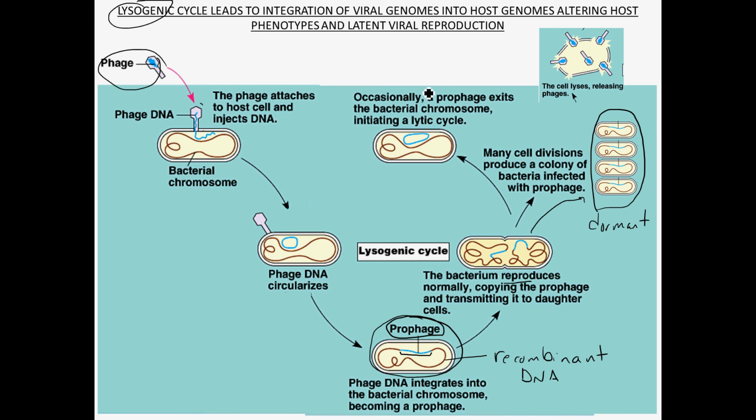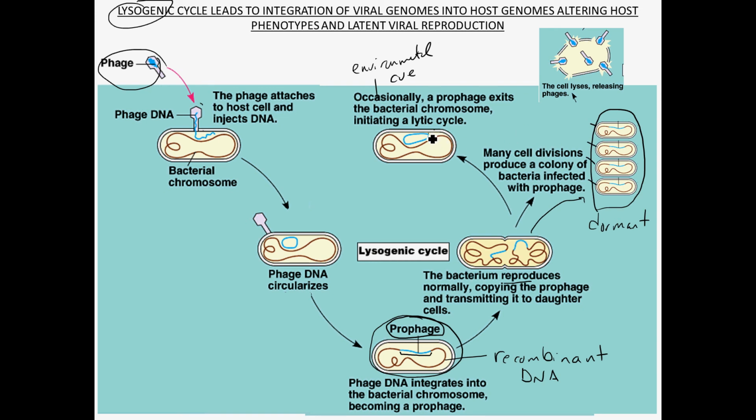But then occasionally some sort of environmental cue signals the prophage to exit, and if it's happening in one cell, it's happening in all of these cells because these are all clones of one another. So if the environment is signaling this cell, it also signals this one and this one and this one, and you then get this prophage coming out.